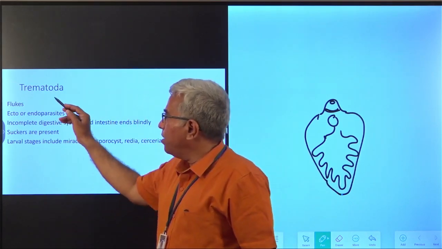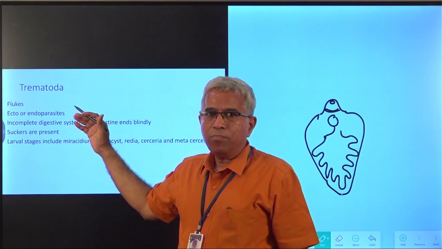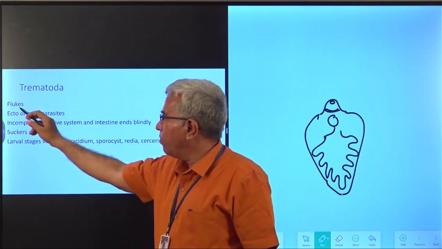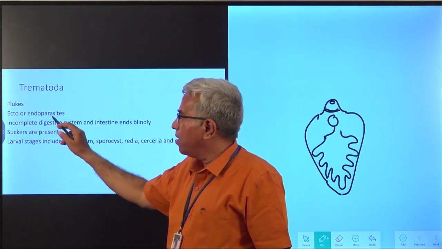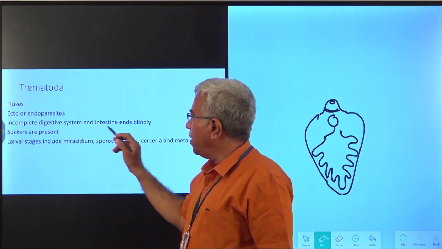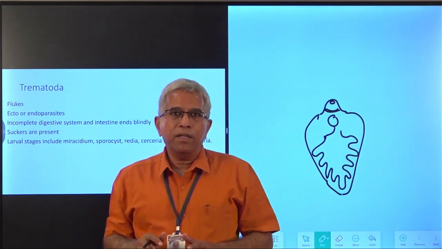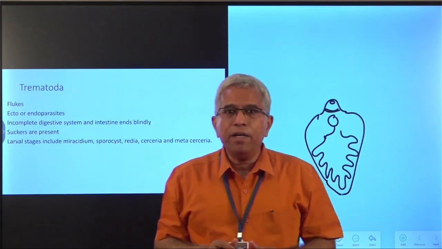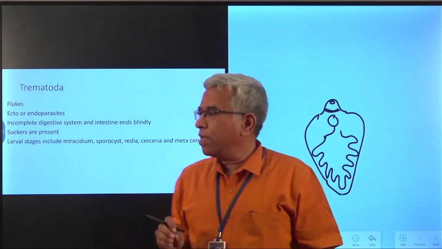So let me repeat, Trematoda includes parasites which are commonly called flukes. They are either ectoparasites or endoparasites, and the digestive system is incomplete, and the intestine ends blindly, and these blind intestinal sacs are called intestinal ceca.